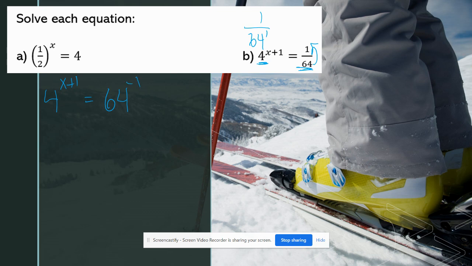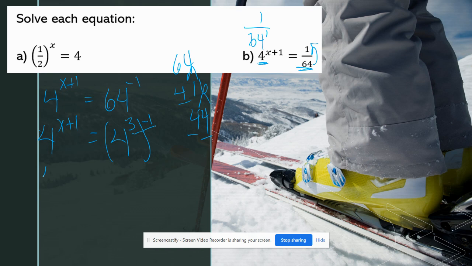To flip it back up, we have to make that 1 a negative. Then we say, well, can I make 64 into a base 4? Well, 64 divided by 4 is 16, and 16 is 4 times 4. So there's 1, 2, 3 fours, or 4 to the third power.